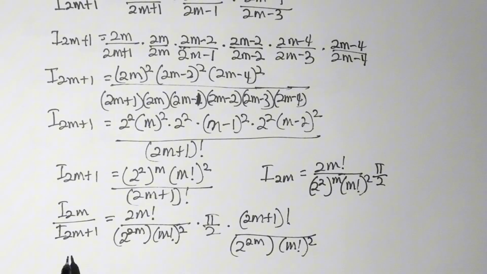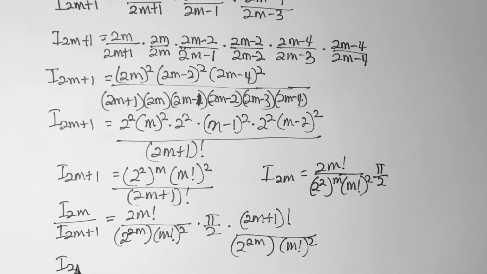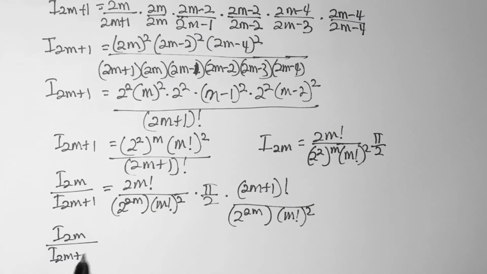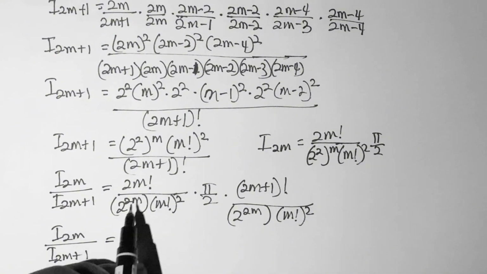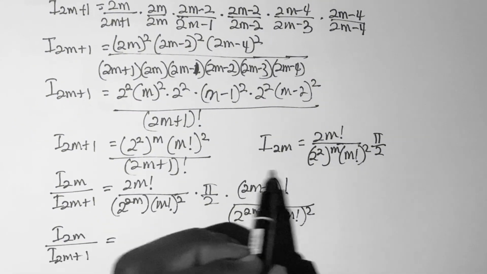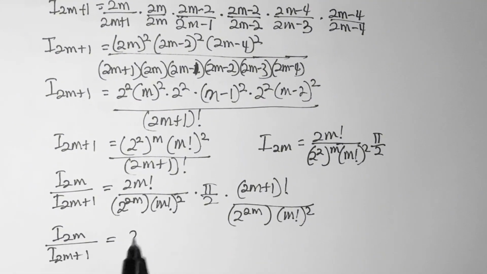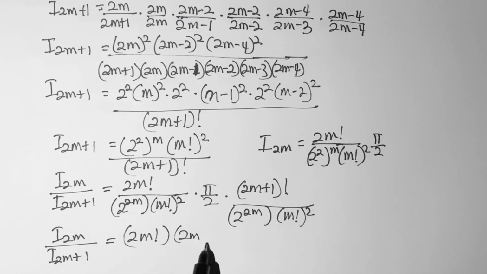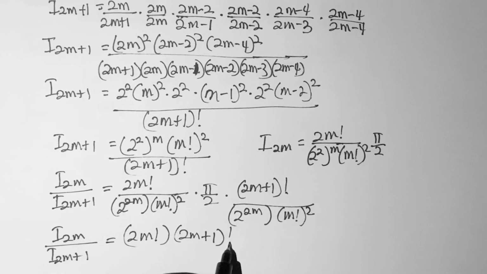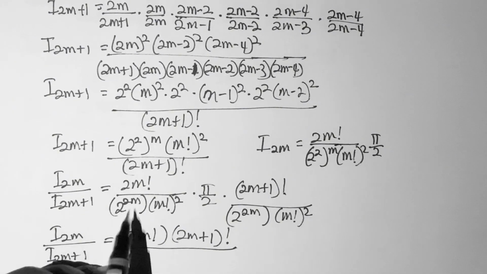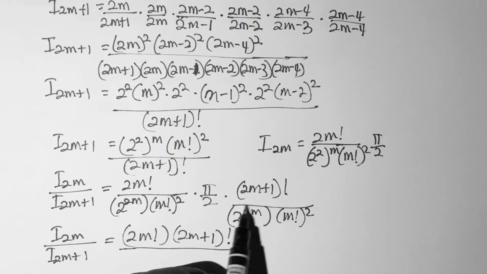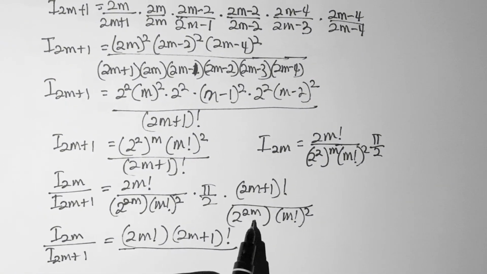So if we do this multiplication, you see that I of 2m divided by I of 2m plus 1 is equal to, now here is 2m factorial times 2m plus 1 factorial. So 2m factorial times 2m plus 1 factorial divided by, now look at this 2 exponent 2m, then here's 2 exponent 2m.